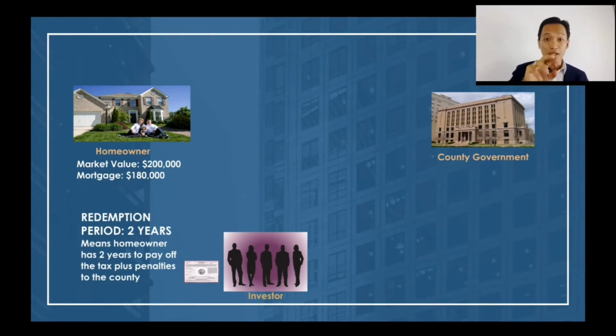So now it means the homeowner has 2 years to pay off the $2,700 plus penalties or interest that will be applied to them. And you as an investor will get to receive the principal, your $2,700, plus the interest.